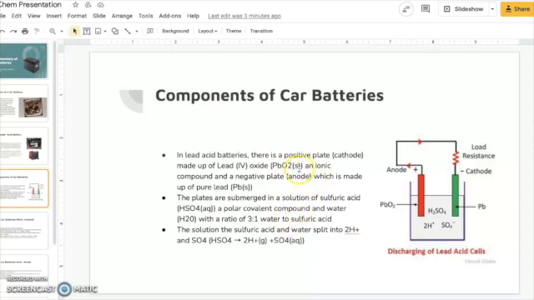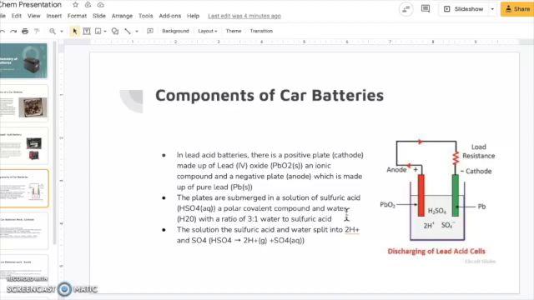And as we can see, there's an S, that means it is a solid, an ionic compound, and a negative plate, an anode, which is made up of pure lead. As you can see, Pb is a solid. The plates are submerged in a solution of sulfuric acid, HSO4, which is an aqueous solution, a polar covalent compound in water, whose formula is H2O, with a ratio of 3 to 1 water to sulfuric acid.